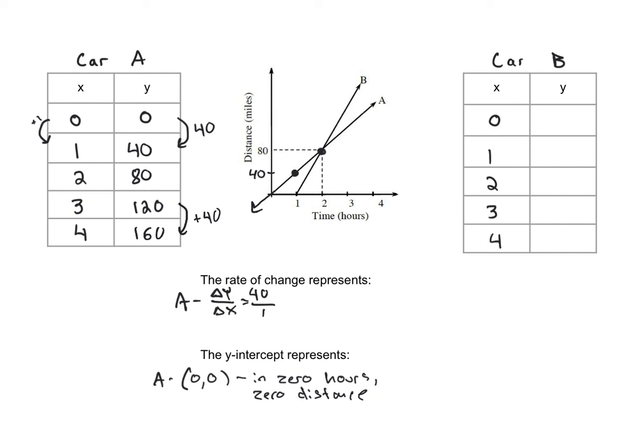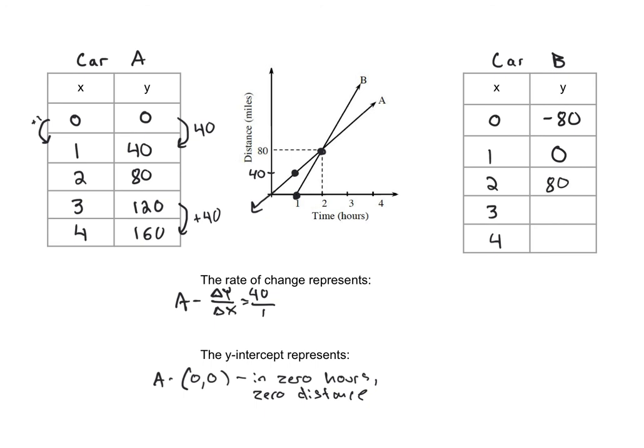Okay, let's do car B next. What we know about car B is we remember from that last slide that when x was 0, y was at -80. And then at 1 hour, it's at 0. So there's that 1 hour right there. And in 2 hours, it's at 80.